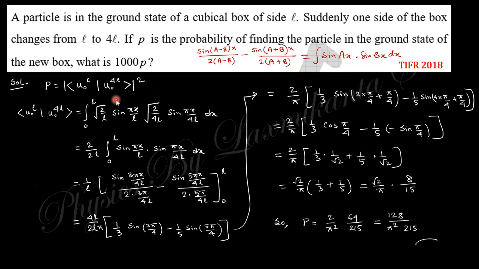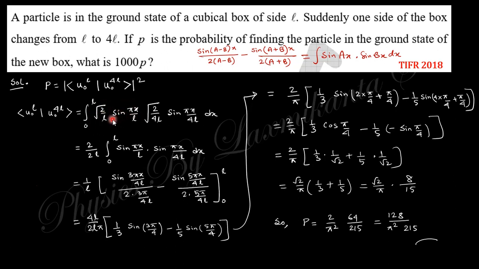For that you need to know the quantum mechanics problem. When a particle is within a one dimensional box, the wave function will be root under 2 by L sine of this function. If you study quantum mechanics, you know this formula.